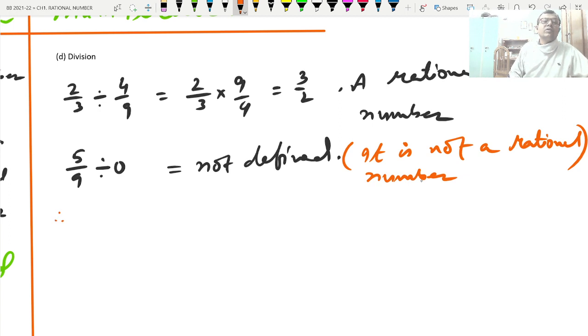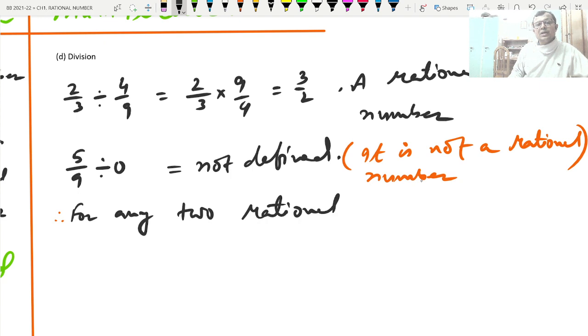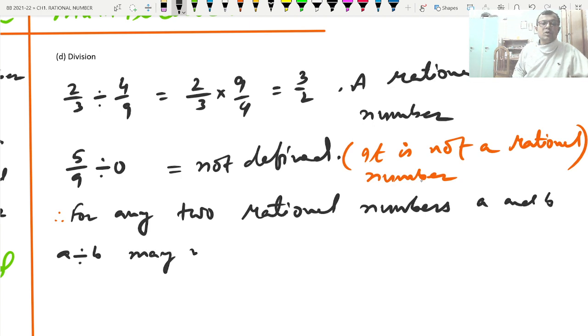Therefore, for any two rational numbers A and B, A divided by B may not be a rational number.